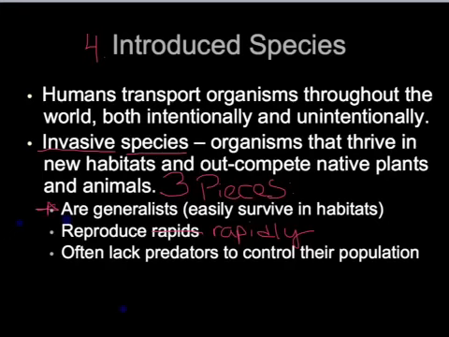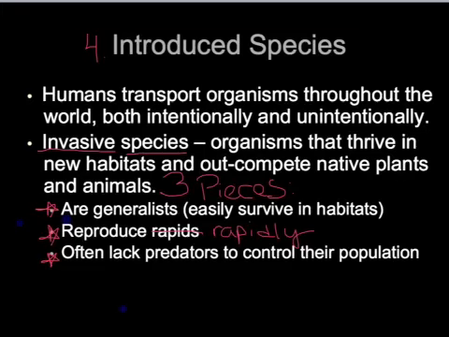They can survive, they can reproduce rapidly, and often don't have those predators that are going to control their population. And that is because, either intentionally or unintentionally, we have brought them into a habitat where they can go out of control.